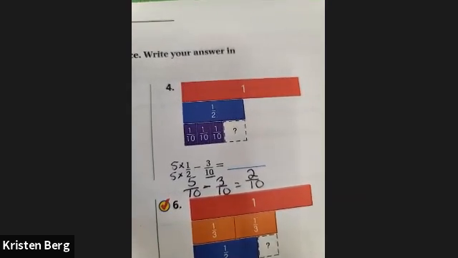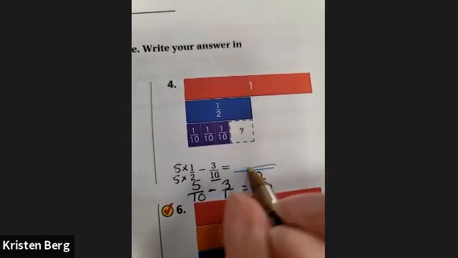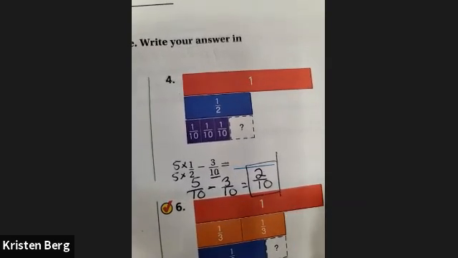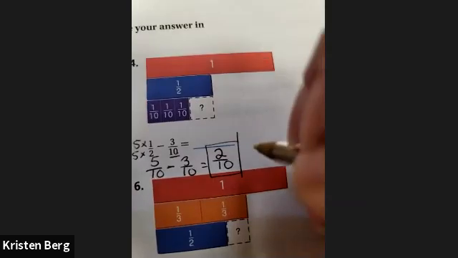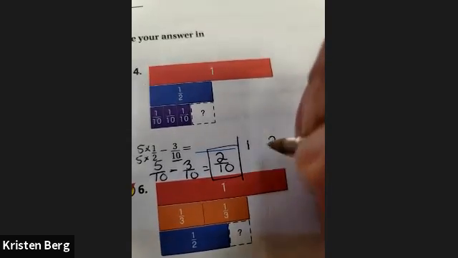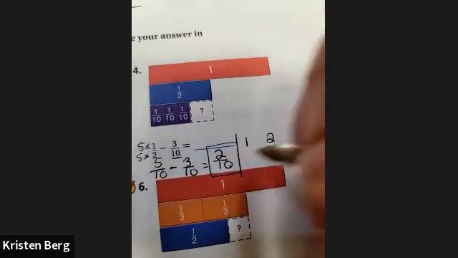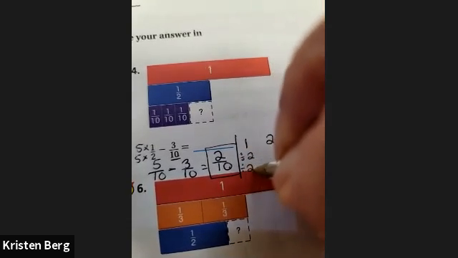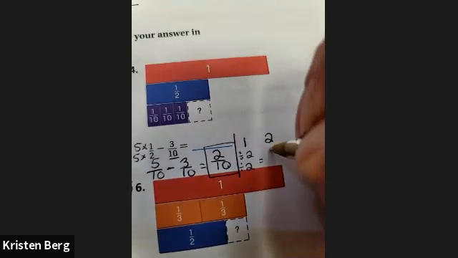So therefore, my answer is 2 tenths, which could be perfectly fine as an answer. Now, some of you might be like, oh, I can reduce that. Because if you did the factor rainbow, you could see 2 can go into 2 and 2 can go into 10. So you could have reduced it by 2. How many 2's go into 2? That would be 1.